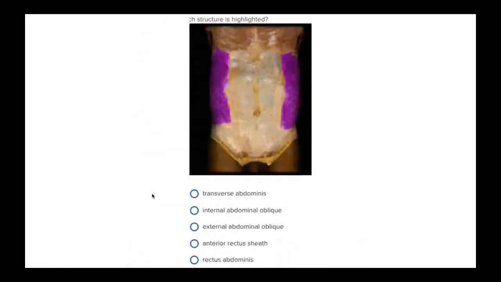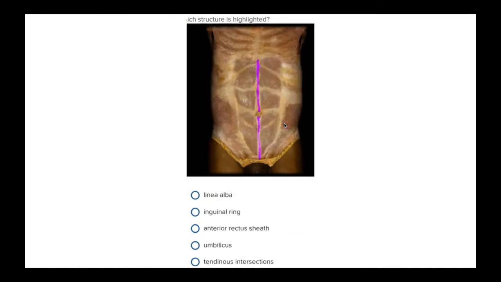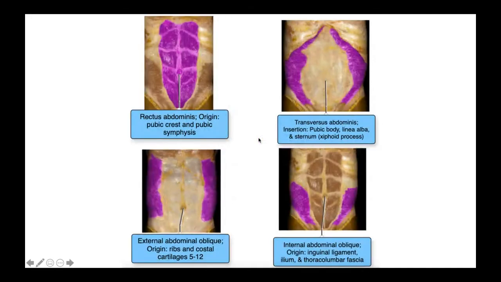Okay, so if we go back here and we look at these, these are going to be the external abdominal oblique. If you look at the direction of these fibers, it looks like if you were putting your hands in your pocket, that's the external oblique. Okay, here is the linea alba.